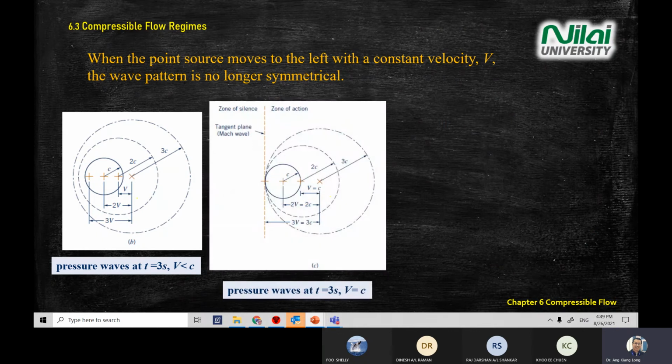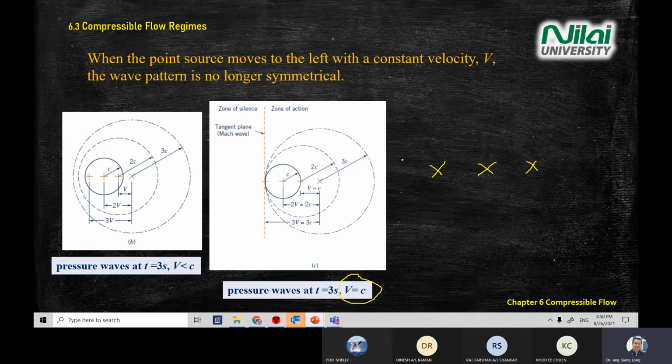So what happens if you're moving at the speed of sound? The diagram below. All right. When you move at the same speed as sound, again, I draw the diagram again. Let's say you are running at the speed of sound.